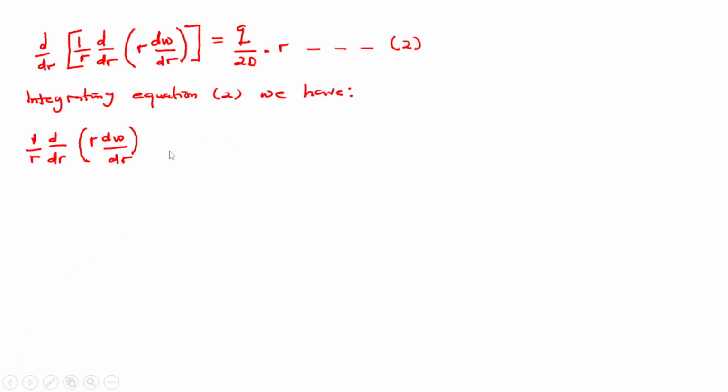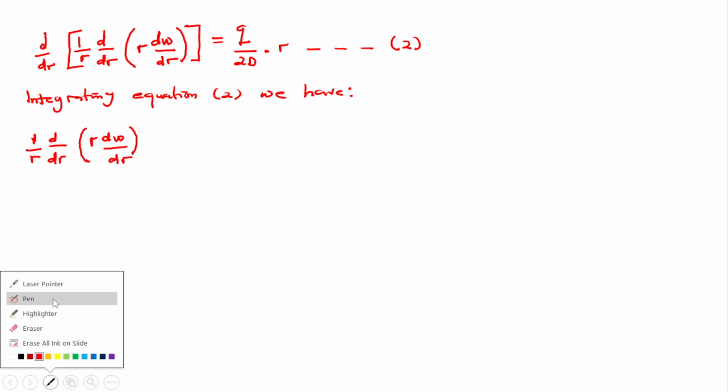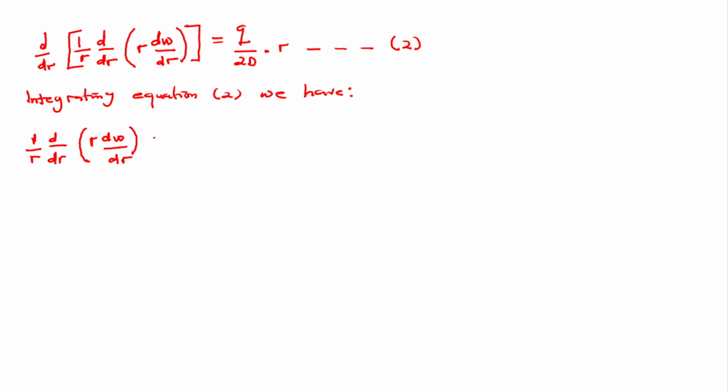Okay, r dw over dr will then be equal to q, mind you, we are integrating with respect to r, r square over 2 plus the constant of integration A. You can call this equation 3.